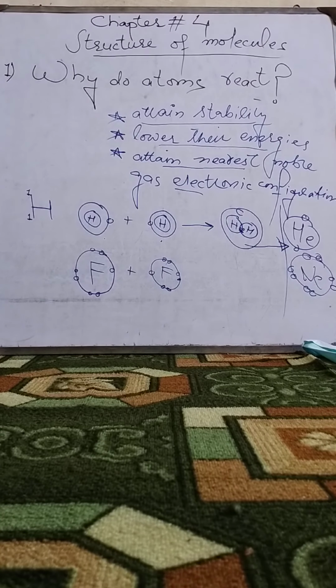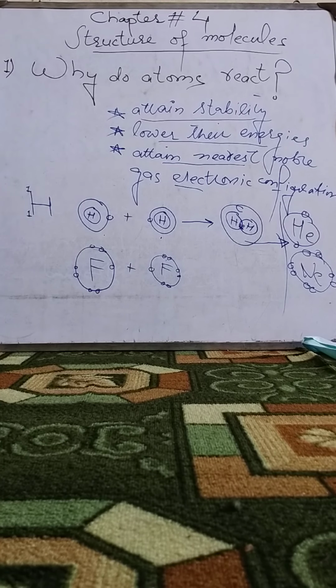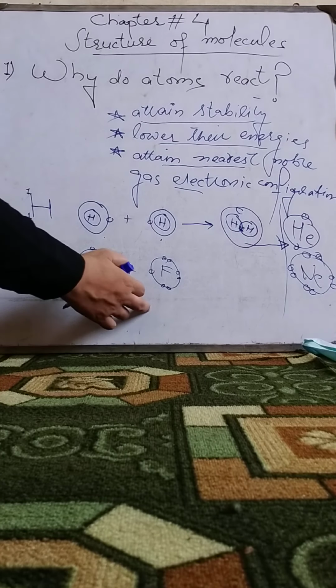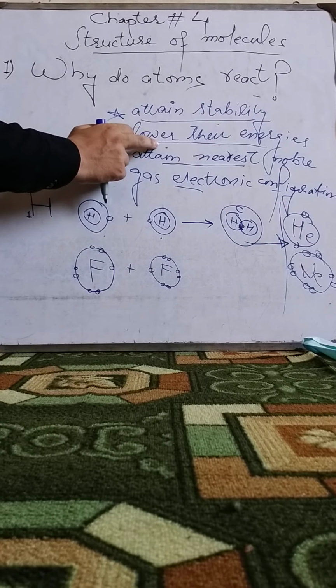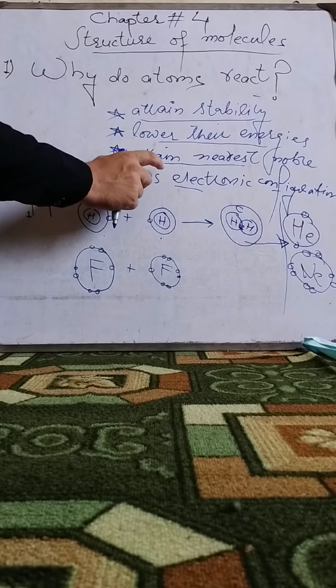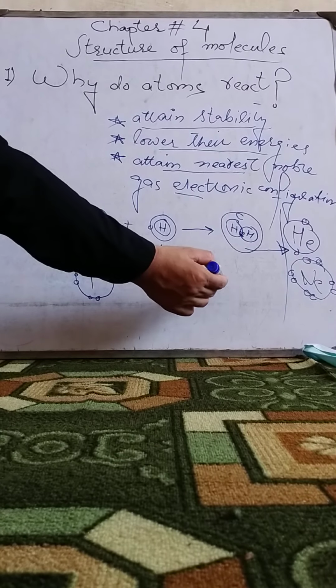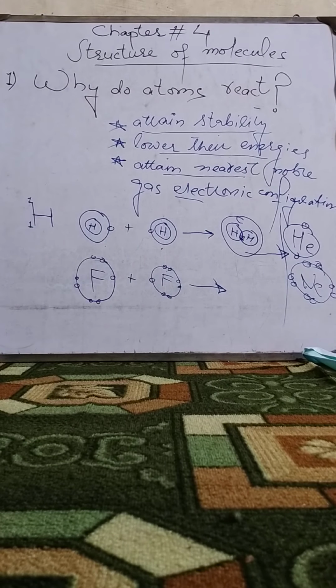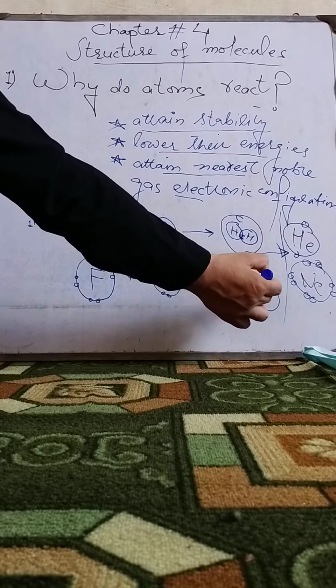So we take here fluorine atoms. Both the fluorine atoms want to attain stability, they want to lower their energies, and also they want to attain the nearest noble gas electronic configuration. So they will make a bond with each other and a fluorine molecule will be formed.